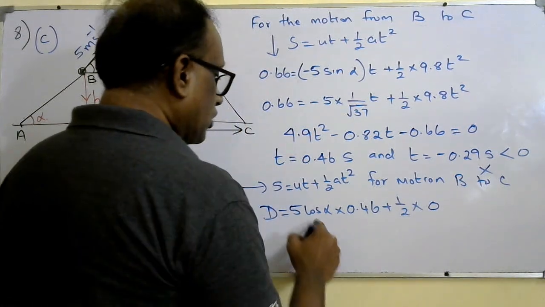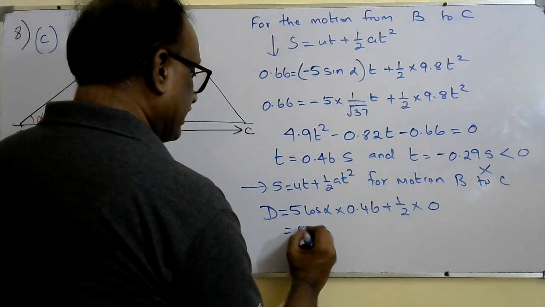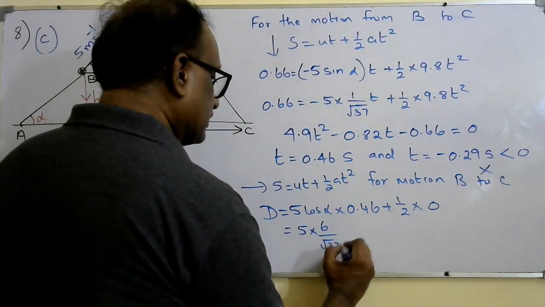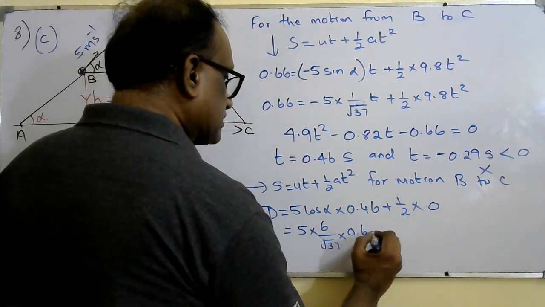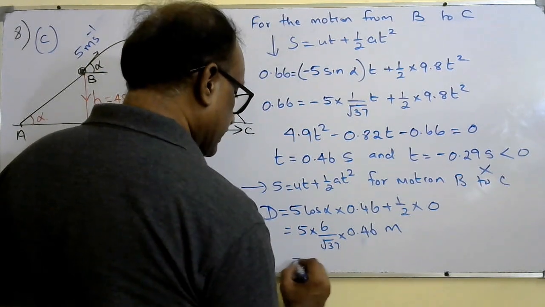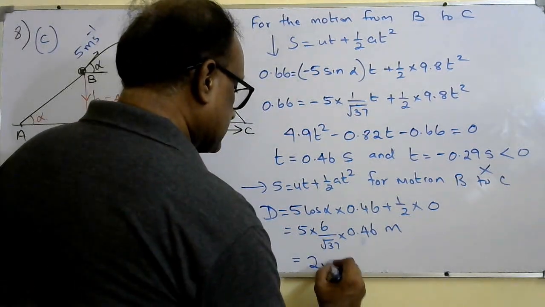Cos alpha we know is 6 over square root of 37, so 5 into 6 over square root of 37 into 0.46 meters. Solve it. The horizontal displacement is 2.27 meters.